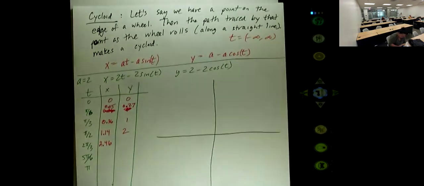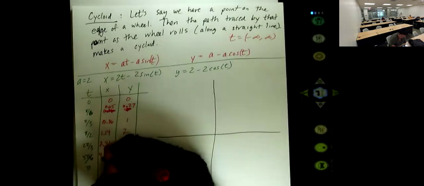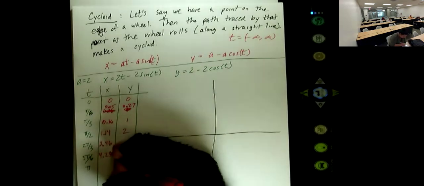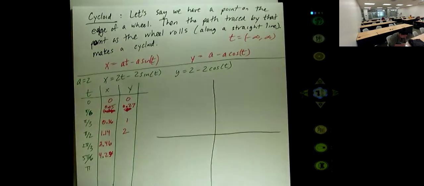I hope you are doing them in your calculator too, because I've been known to mess up my calculator. 4.23.